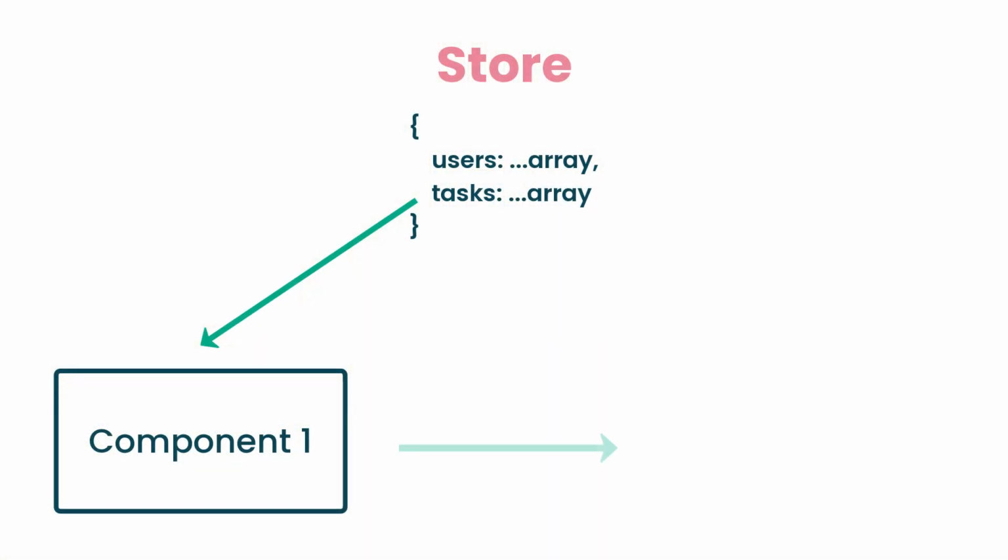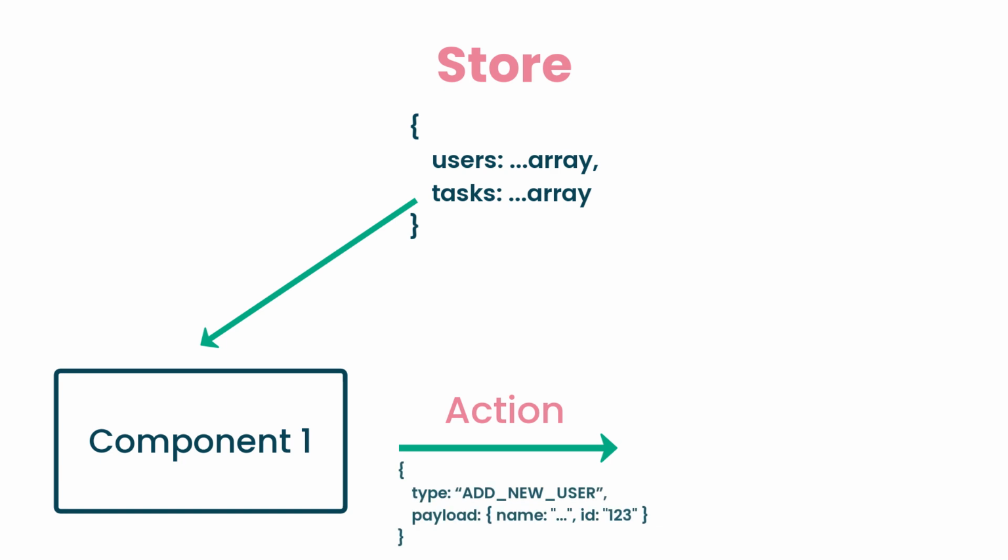The one thing a component can do in this case is dispatch some action which happens. An action is just an object which has the type property, a unique kind of action identifier, action ID, which says what exactly happened or should happen, and it can also pass some data which should be put to the store.